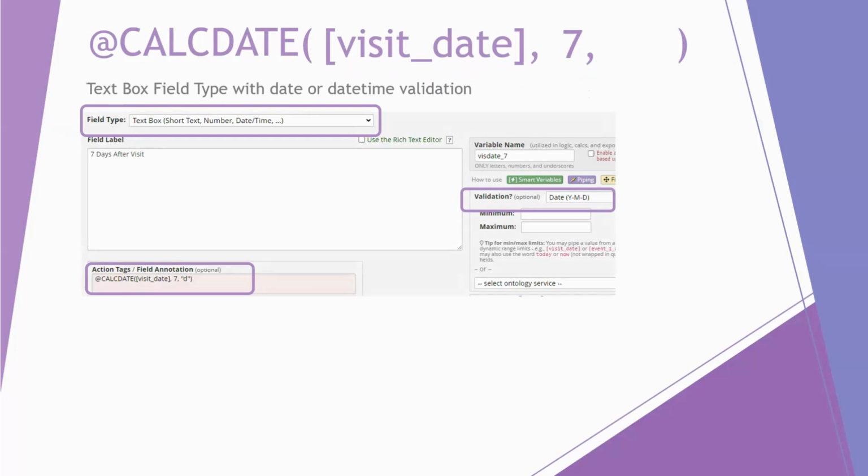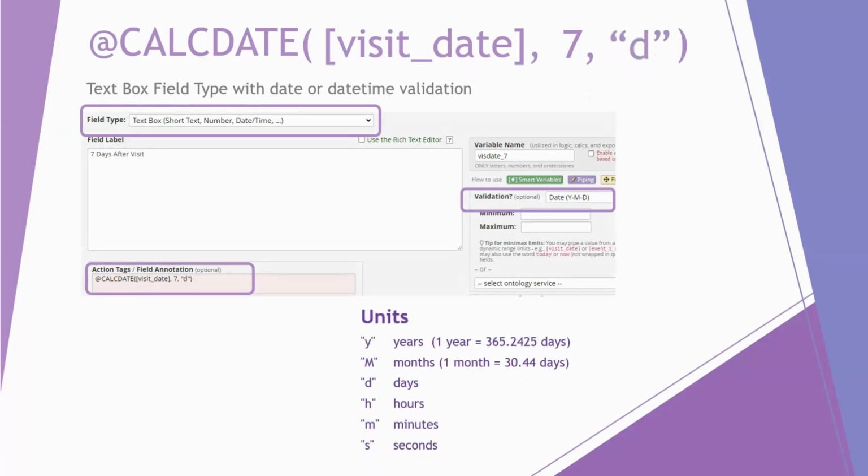It can be a decimal number or an integer. And to subtract or go backwards in time, you want to use a negative number. The third parameter represents the units of the offset amount, which will be represented by these options. Again, the unit option must be wrapped in quotes. Both the source field and the result field must be a text field with date or date time validation.